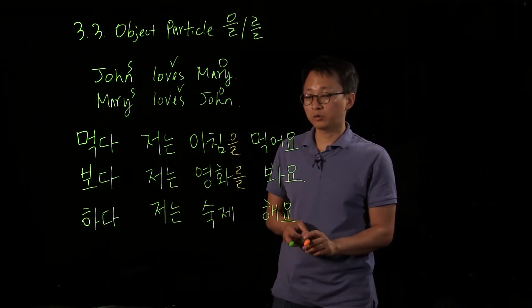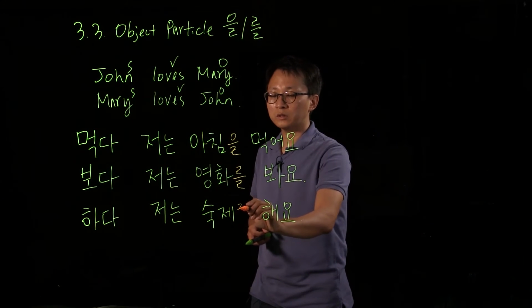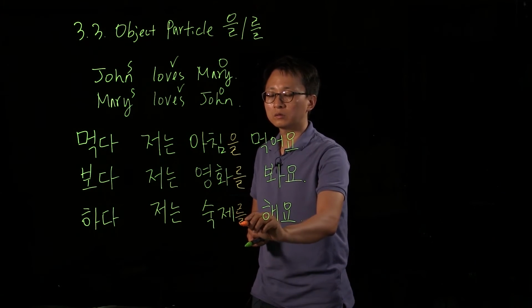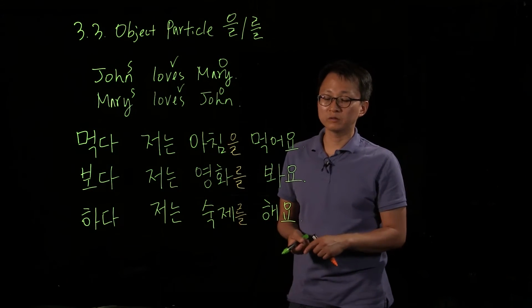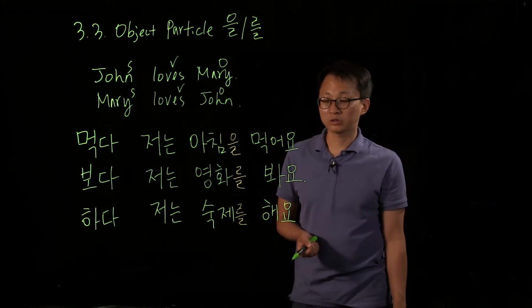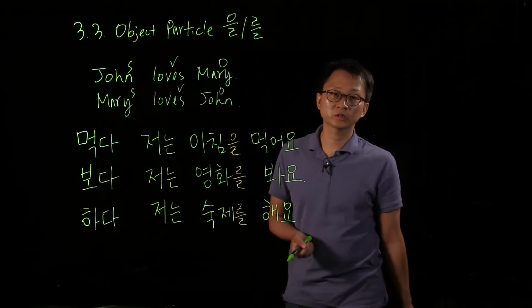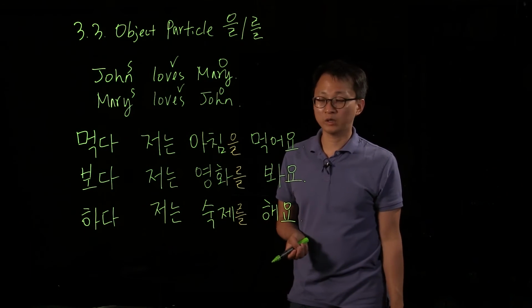And what particle do we need here? There's no consonant here, so 숙제를 해요. 숙제를 해요 is used so often, so we can just simply say 숙제해요. That is understandable. And 숙제해요 is understood as just one word. 숙제해요. I'm doing my homework.